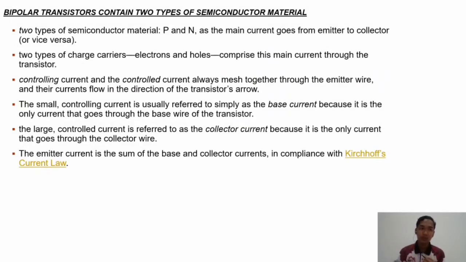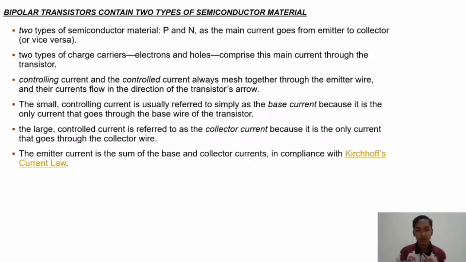Okay, a bipolar transistor contains two types of semiconductor, which are P and N. As the main current goes from emitter to collector, two types of charge carriers, electron and hole, comprise this main current through the transistor. The controlling current and the controlled current always mesh together through the emitter wire, and their current flows in the direction of the transistor arrow.